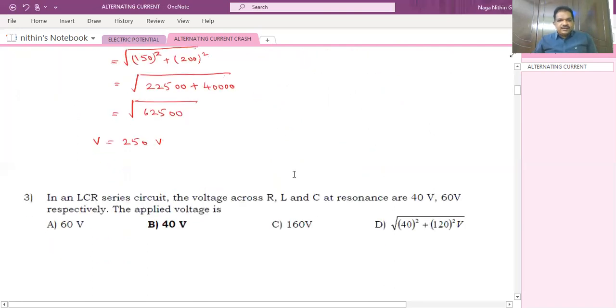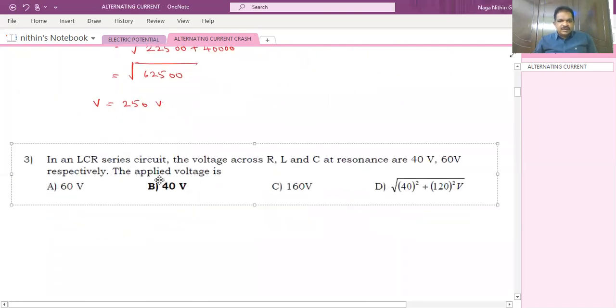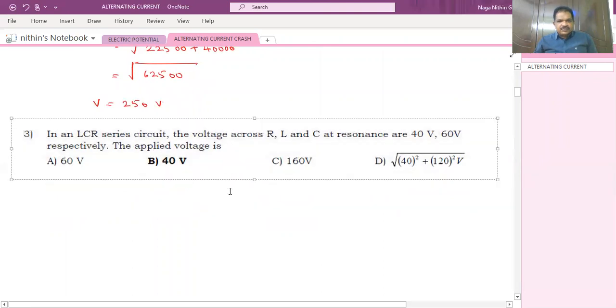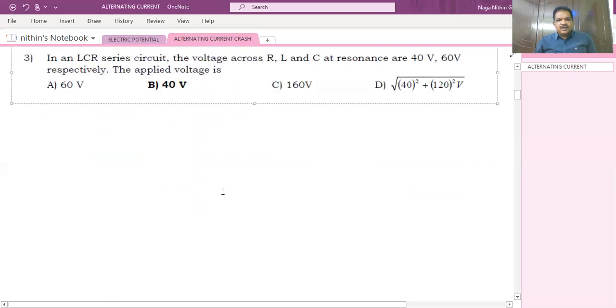Let's see the third question, what they are asking. In an LCR circuit, voltage across R, L, C at resonance are 40 volt, 60 volt and 60 volt respectively. What is the applied voltage at resonance? So what are the values they gave?